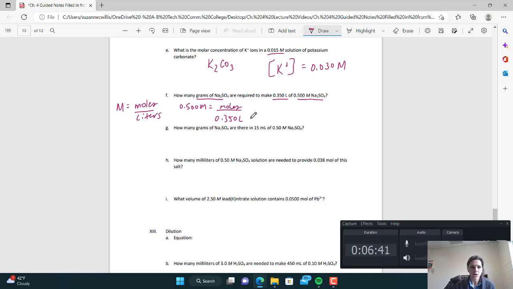So I'm going to cross multiply here. 0.5 times 0.350. So my moles will be 1.175 moles of sodium sulfate. And then I can just convert over to grams. So we'll go to the periodic table. We'll go from moles to grams. So I'm going to add up 2 sodiums, 1 sulfur, and 4 oxygens.